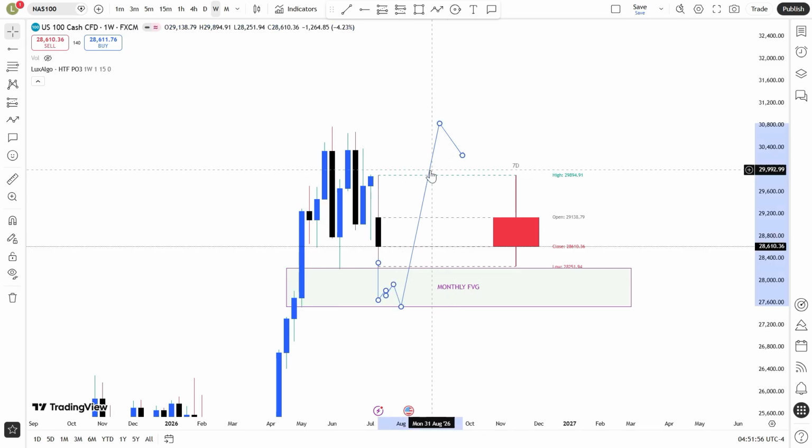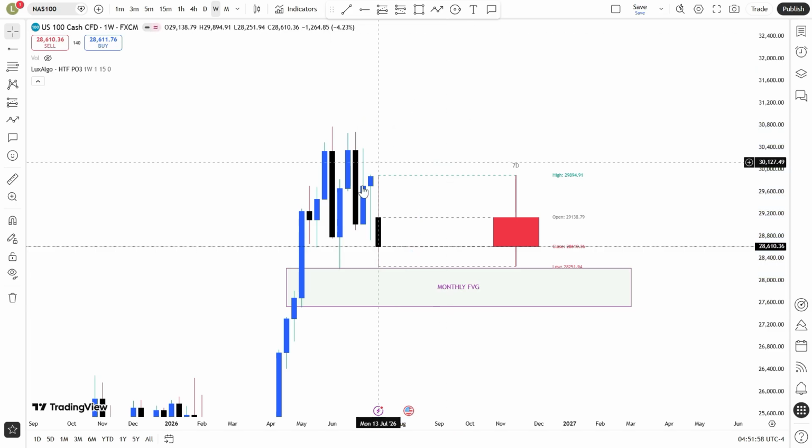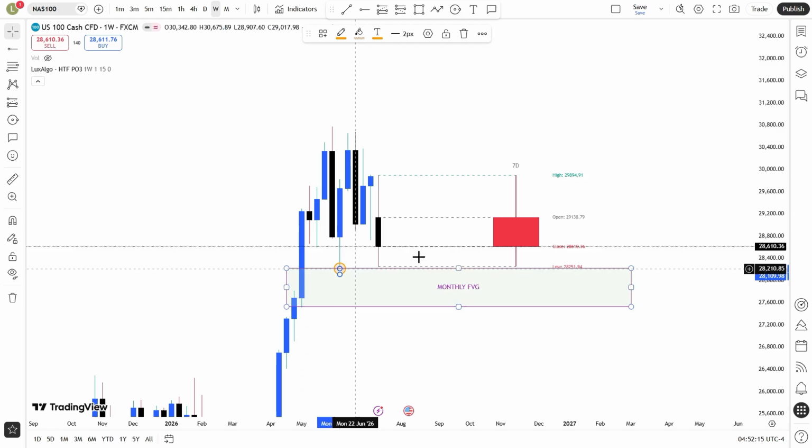Get my point? Why would I want to buy here? One, it is the monthly FVG, and on a higher time frame that is very crucial and important. And what next? You can see this is a weekly liquidity area. So I want to see this liquidity being swept here on the lower time frame.